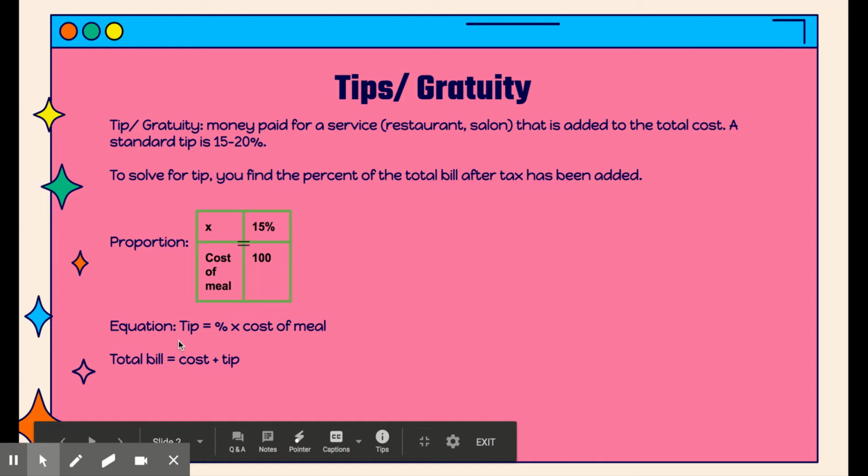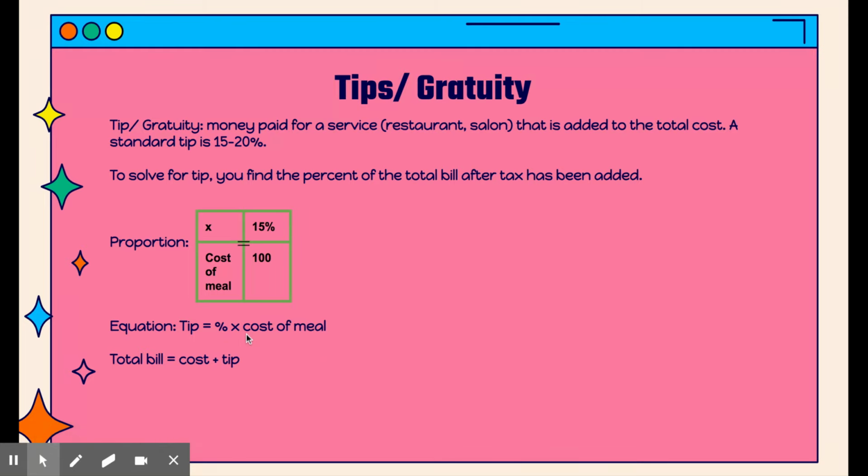If you want to do it as an equation, it'll be tip equals the percent times the cost of meal. Now, please beware. Yes, it's the percent times the cost of meal, but here you're going to need to change that percent to a decimal, okay? So you wouldn't just put in 15 times, say if your meal was $30, you wouldn't just say 15 times $30.